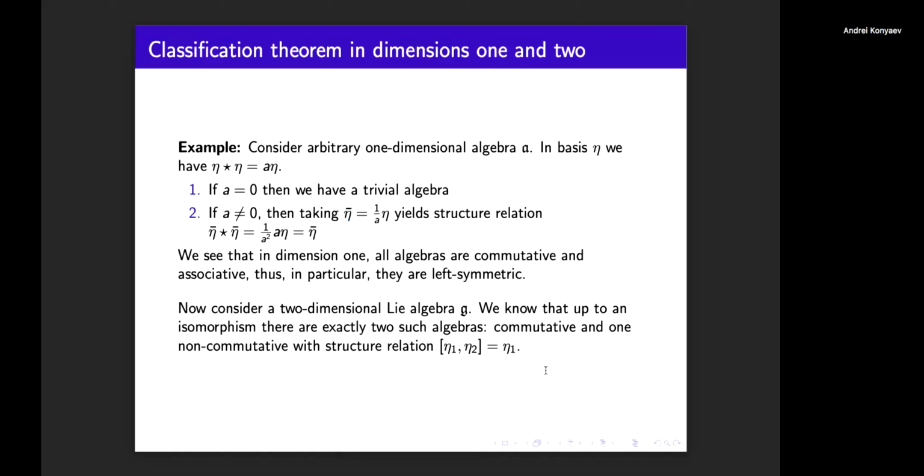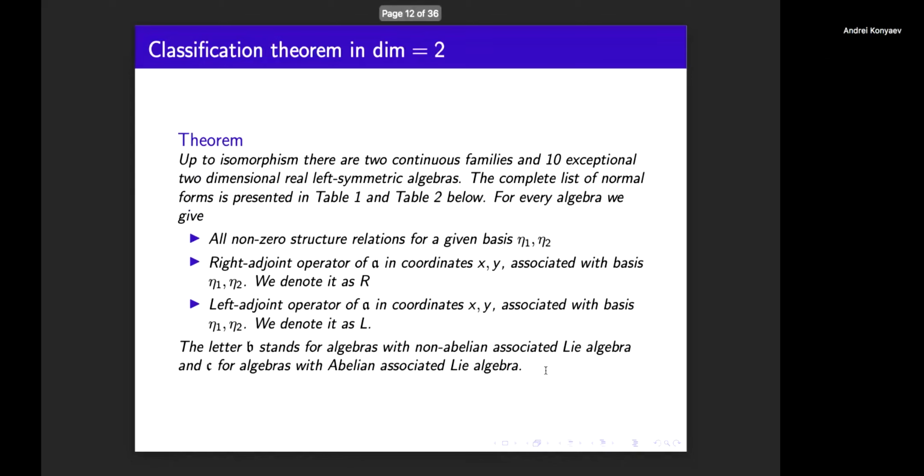But it turns out that there are a lot of left symmetric algebras. We remember that if you have a left symmetric algebra, then you can take the commutator and you get a Lie algebra. So if you take any left symmetric algebra from the list we have discussed, and take the commutator, you get one of these two Lie algebras.